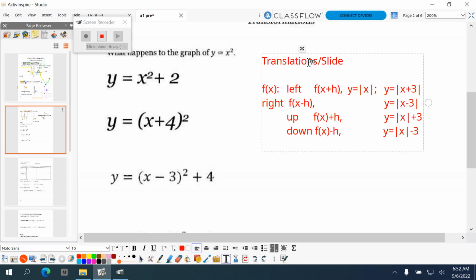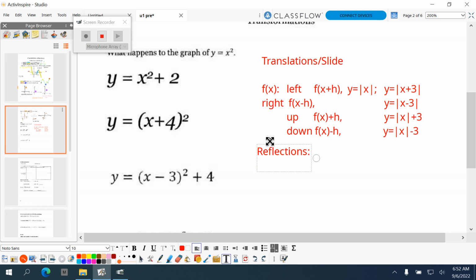Now, let's look at what we'll call reflections. So how might we view reflections, right? So our original is f of x.